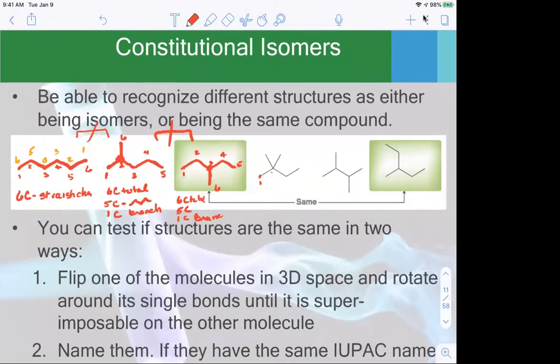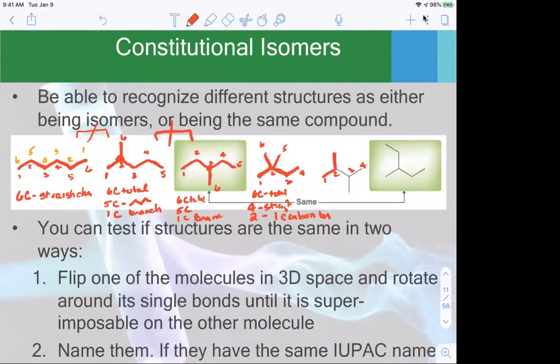1, 2, 3, 4, 5, 6. 6 carbons total, 4 in a straight chain, 2 1 carbon branches, right? So here's a branch, here's a branch. And then this would be my longest chain there, right? 1, 2, 3, 4.